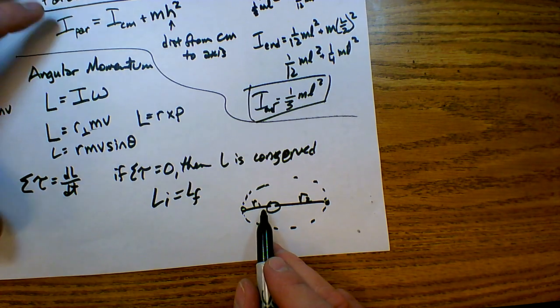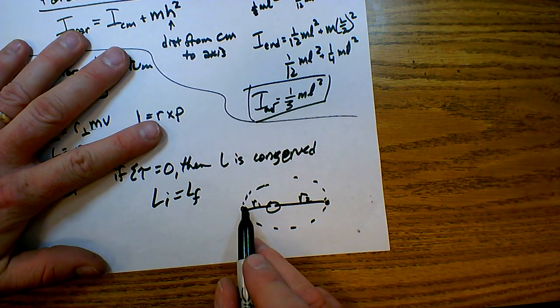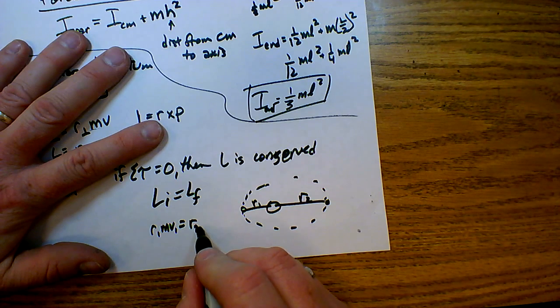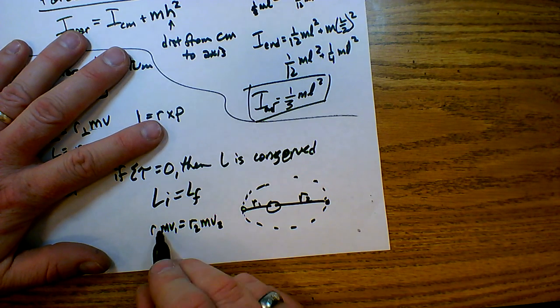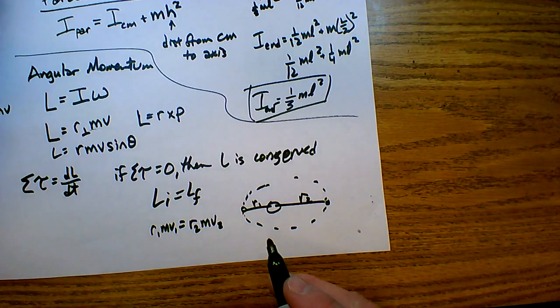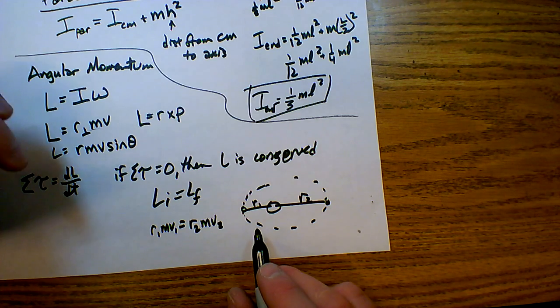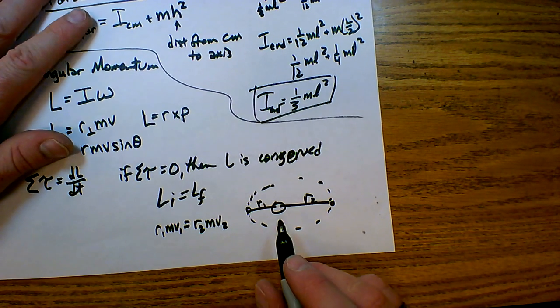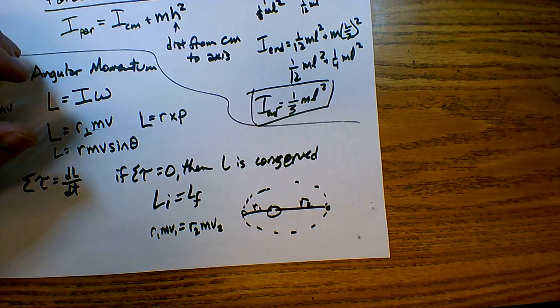That force of gravity produces no torque, and therefore angular momentum is conserved. So I could say R1 mv1 equals R2 mv2. The mass would cancel out, and depending on what information I had, I could solve it that way. But it works great for elliptical orbits. That's not the only application, but that's just one application of angular momentum conservation.